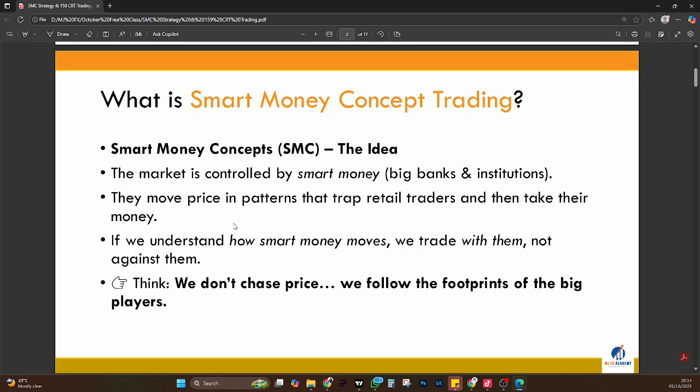So these market makers move the price in patterns that trap retail traders and then take their money. They want to take your money and then move in the direction that you had predicted they would move in.